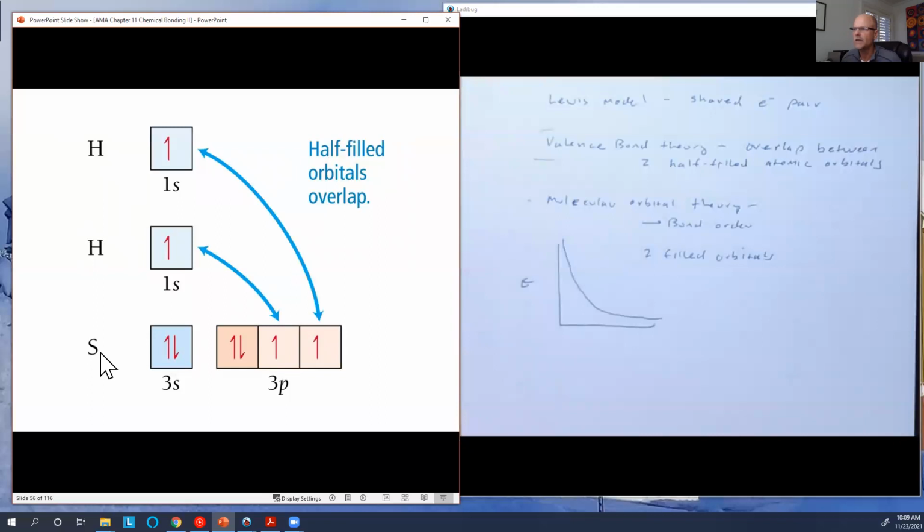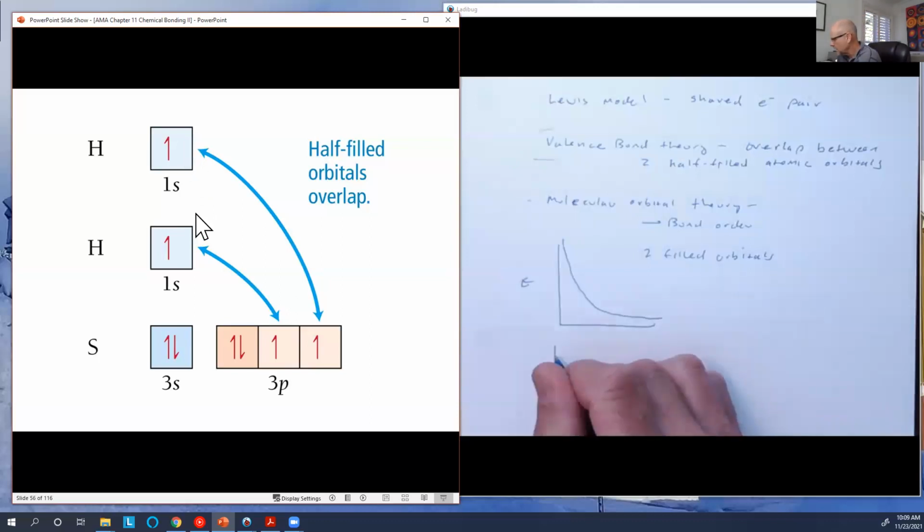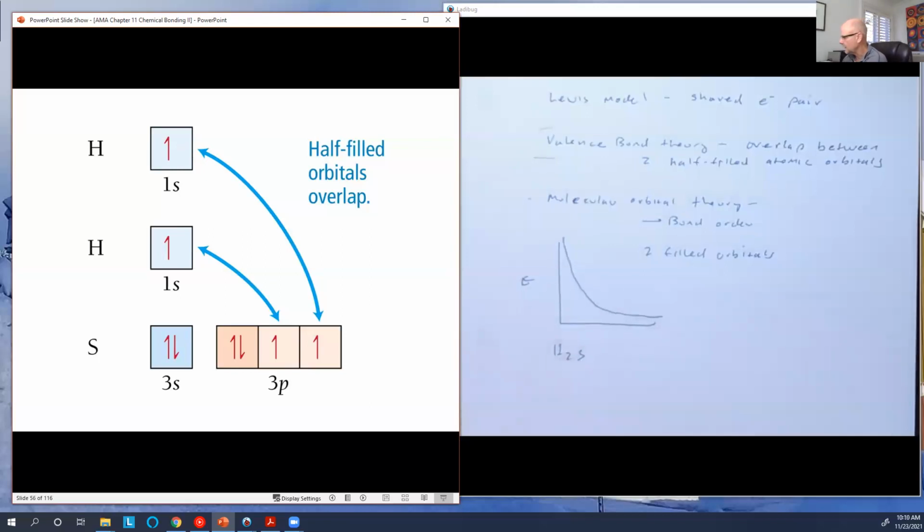So for example, here's the electron configuration for sulfur. It's 3s2, 3p4. From the orbital diagram, we can see that it has two half-filled orbitals. So those half-filled orbitals can form chemical bonds with hydrogen atoms. So for example, if we apply valence bond theory to H2S, we can say, aha, here's the sulfur atom.